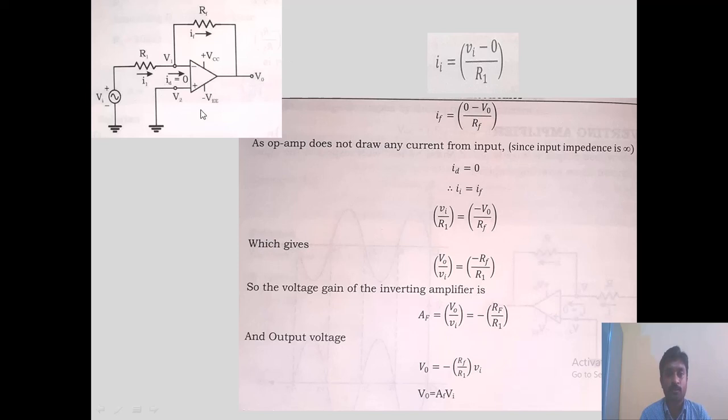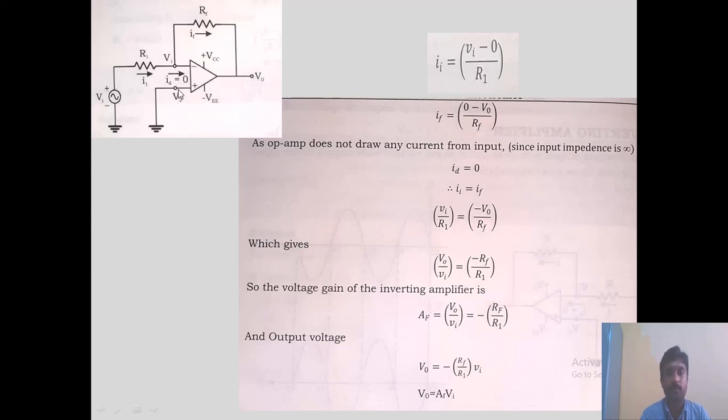Okay, the same circuit is taken here for reference. The current flowing through R1, I1, can be written as Vi minus V1 divided by R1. Vi is the potential at this end of R1, here it is V1, and V divided by R is I. But here what is V1?